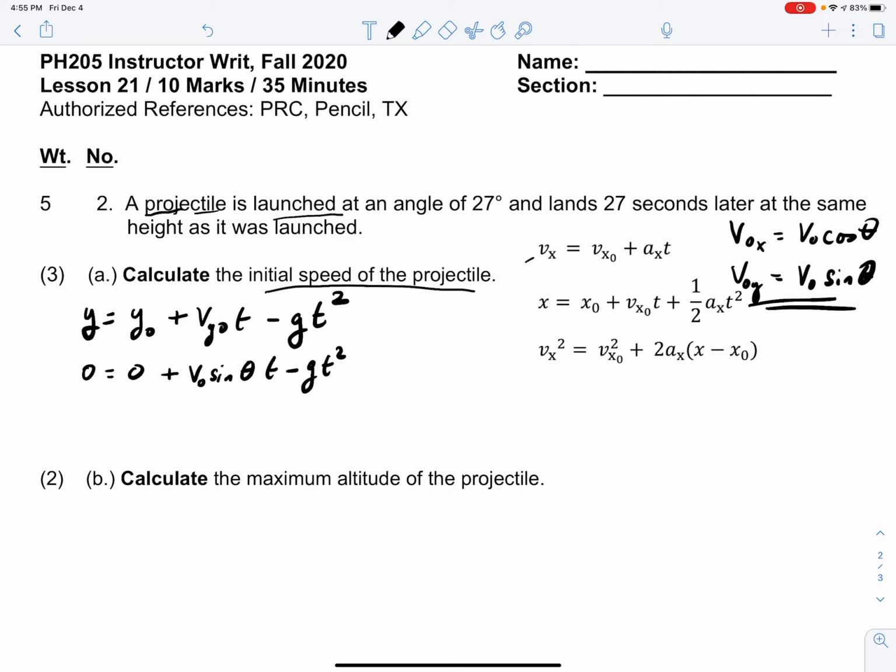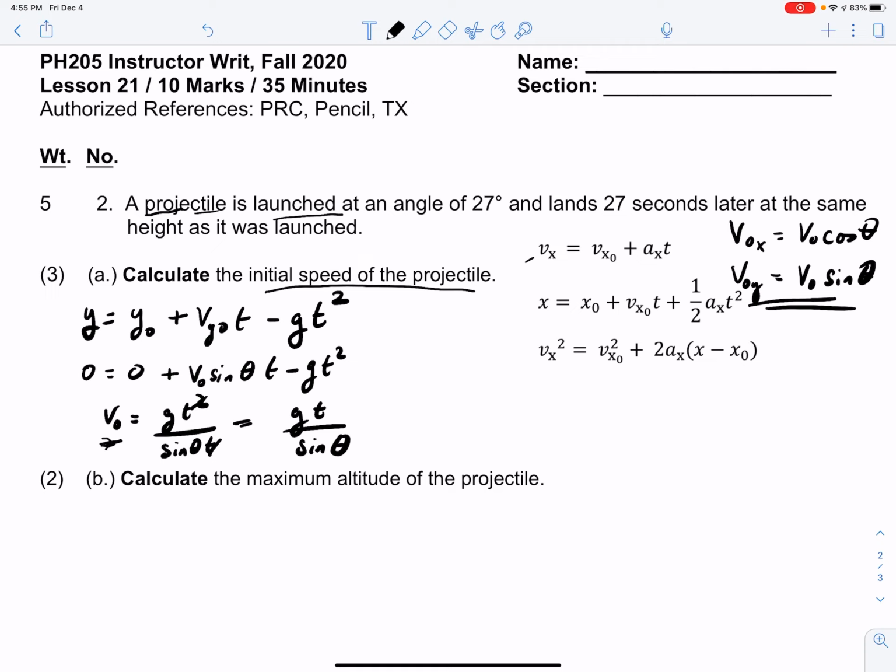Now we bring everything to the other side, v naught sine theta t equals g t squared over 2, so v naught equals g t squared over sine of theta times t. This t cancels out, and we're left with g t over 2 sine of theta. And we have solved for the initial velocity of the projectile.